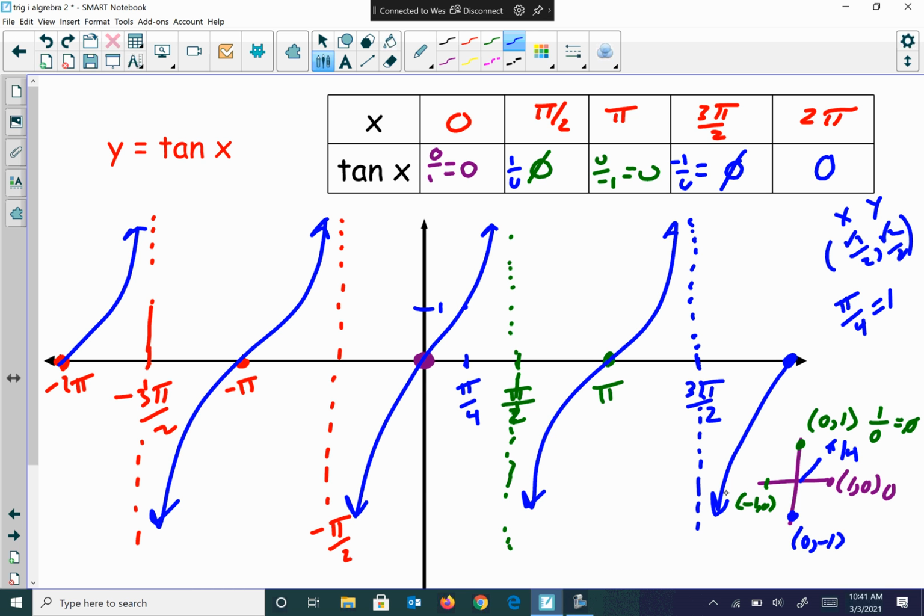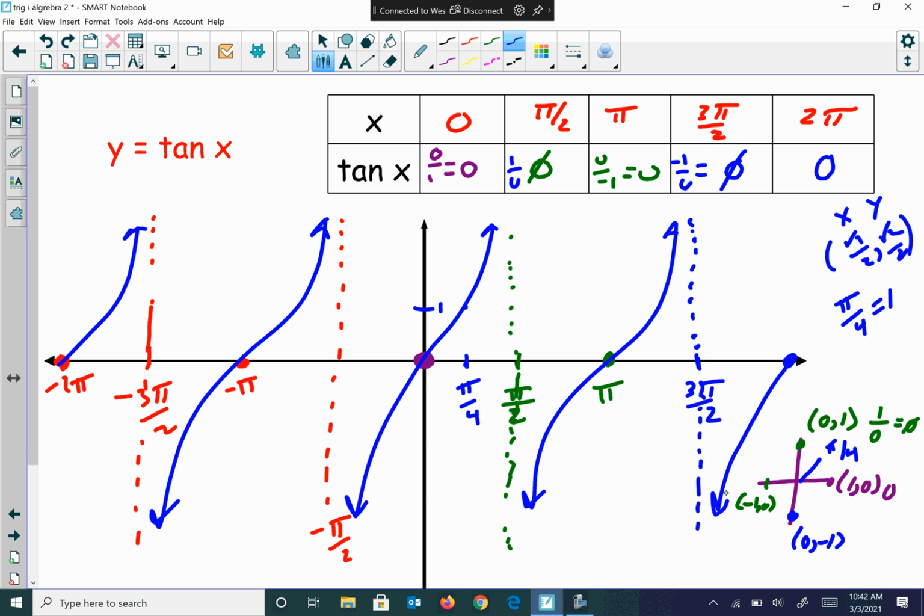That's the tangent graph. And the reason it looks like that is because you have undefined terms at certain locations on the unit circle as you go around. Okay? It's kind of pretty.